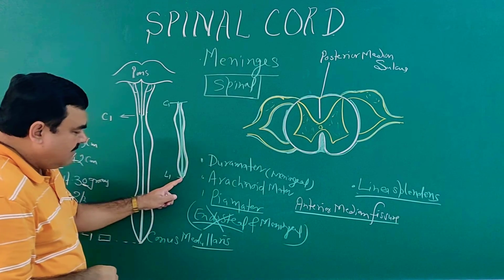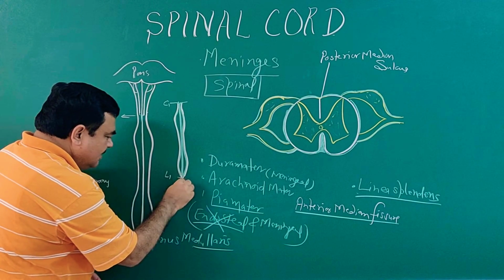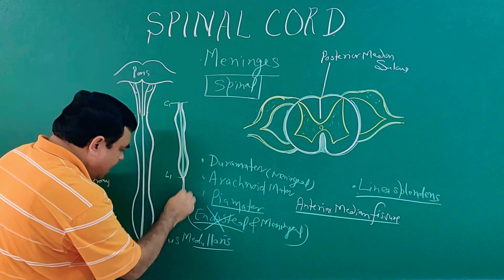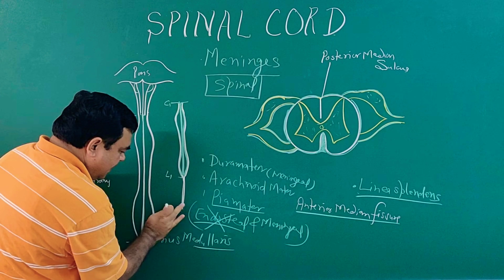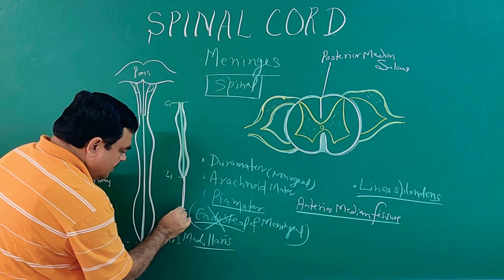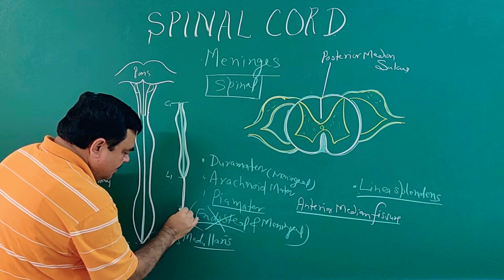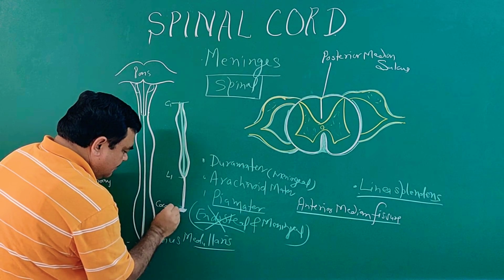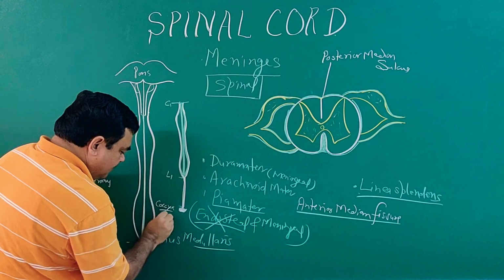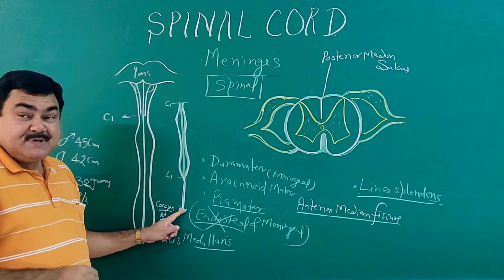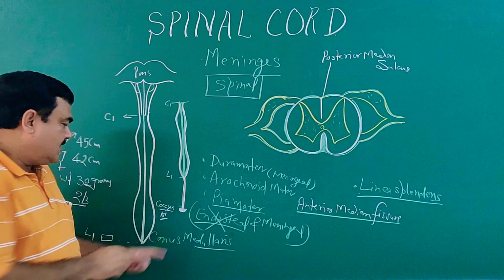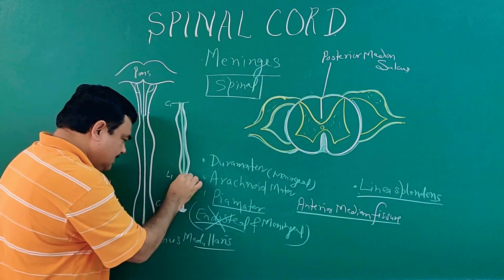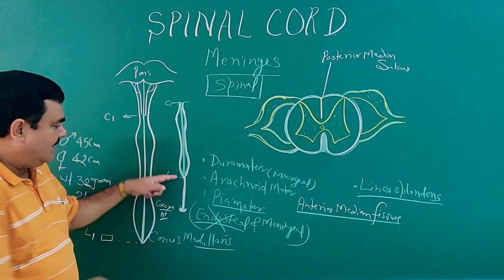Below the level of the conus medullaris, this pia mater forms a cord-like structure and extends up to the coccyx, the first piece of the coccyx, on its dorsum. So it extends to here.